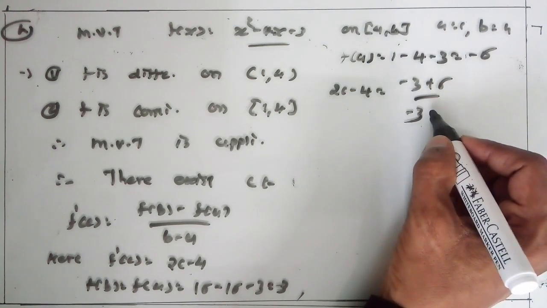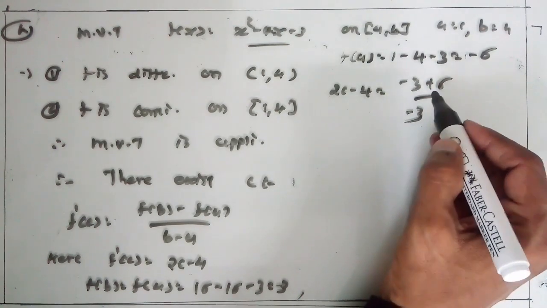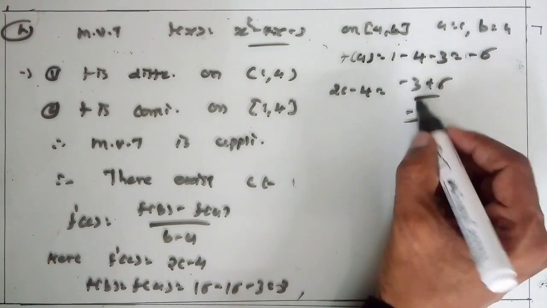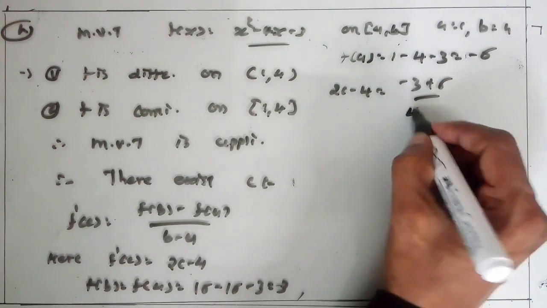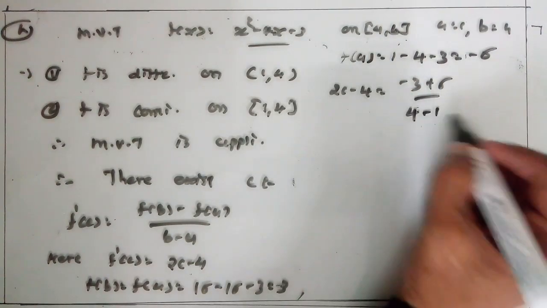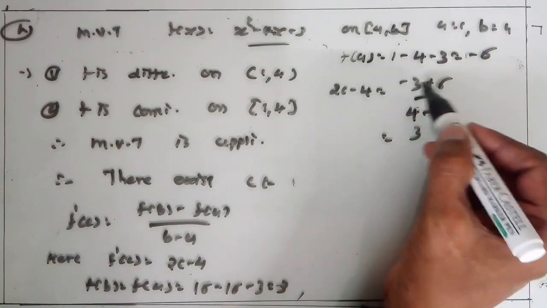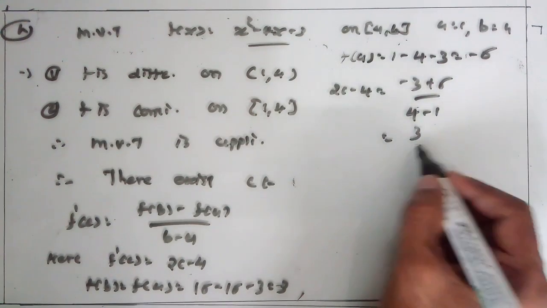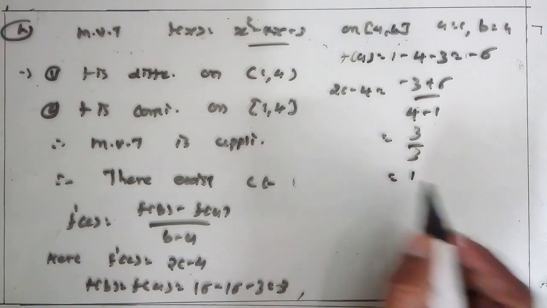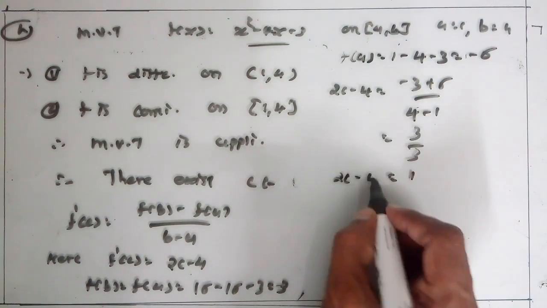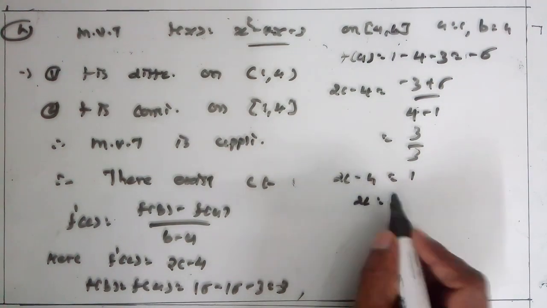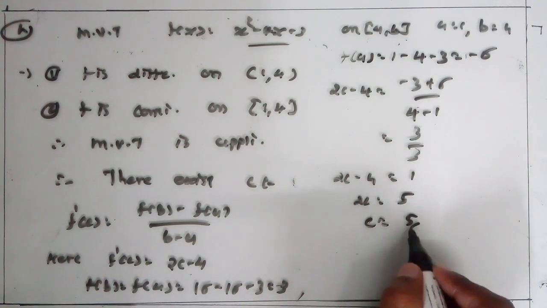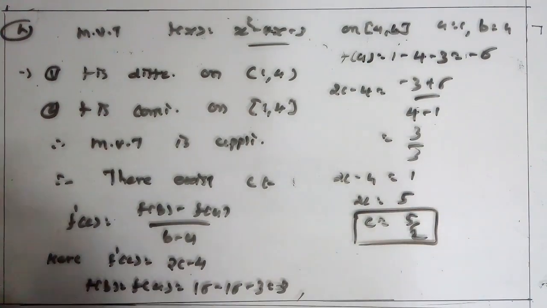Minus 3 plus 6 becomes 3 and 4 minus 1 becomes 3, so it is equal to 1. So 2c minus 4 is equal to 1. So 2c is equal to 4, take this side, so 5. So c is equal to 5 upon 2. Clear?